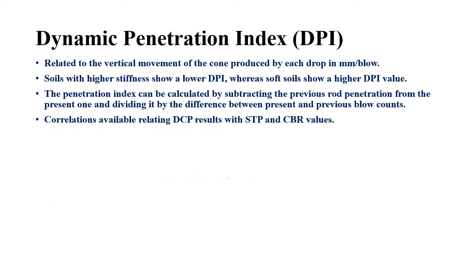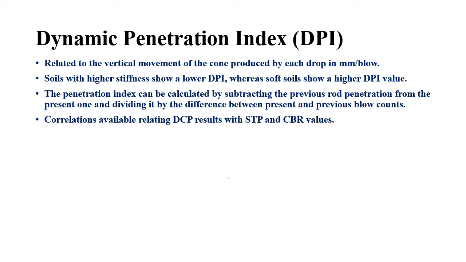So here in the dynamic cone penetration test, the field value that we record is the number of blows for every 10 centimeter penetration of the cone. Okay. So with those values recorded at each depth, we can actually derive a dynamic penetration index, also abbreviated as DPI.